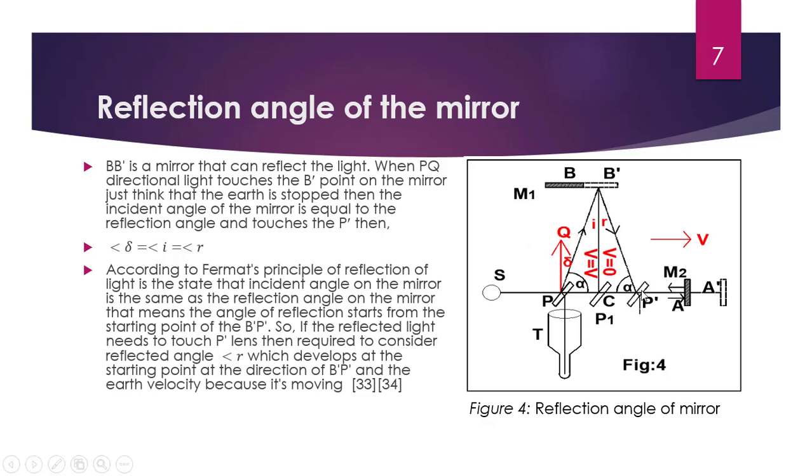Then it comes back to P dash, and the triangle develops. This angle you also develop at the starting point. If we are not able to consider the earth velocity, then this light cannot come back. Later it will be explained.